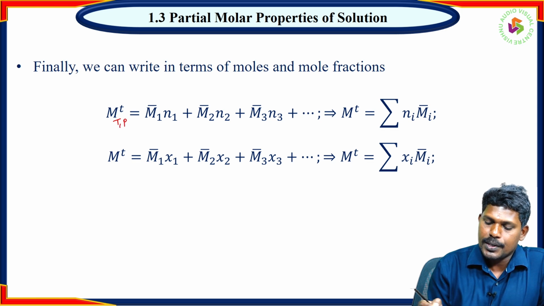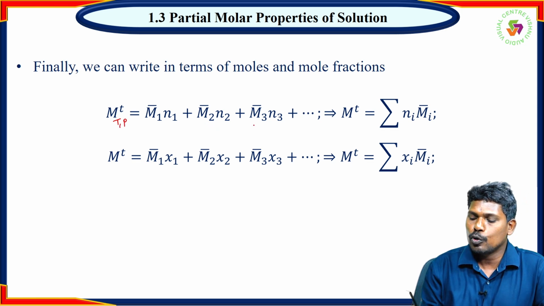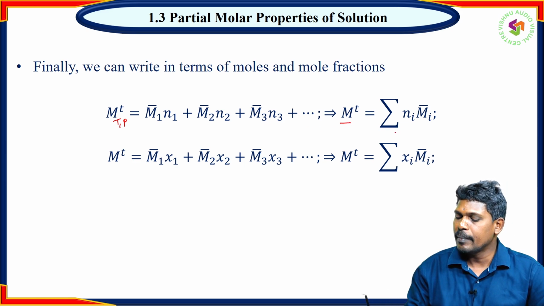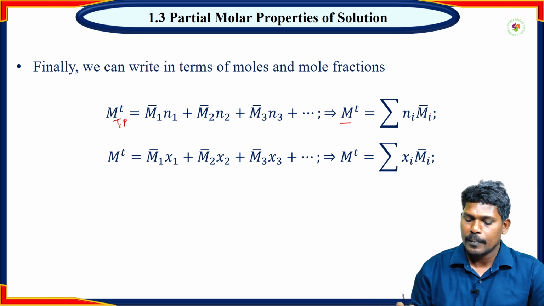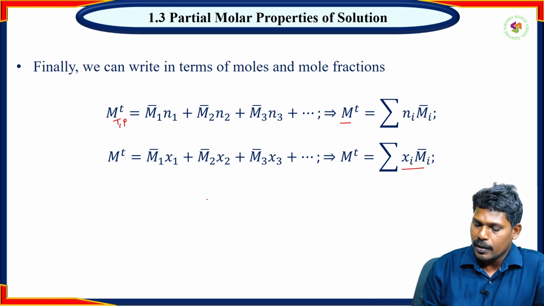At constant temperature and pressure, Mt is equal to M1 bar n1 plus M2 bar n2 plus M3 bar n3, and so on. That is, Mt is equal to the summation of ni into Mi bar. In other words, in mole fraction also we can write from here.